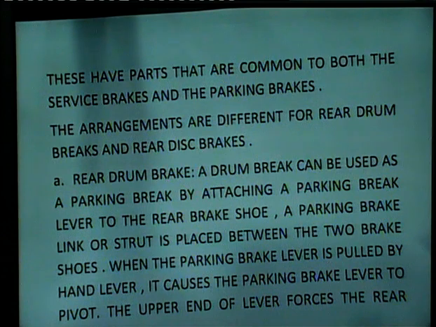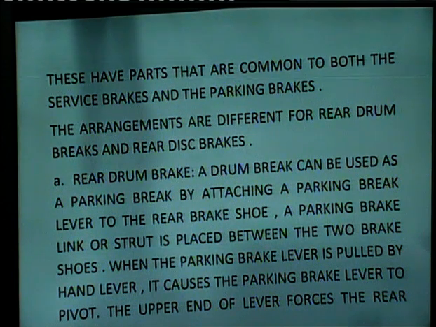When the parking brake lever is pulled by hand, it causes the parking brake lever to pivot. The upper end of the lever forces the rear shoe in contact with the drum. At the same time, the section below the pivot forces the link or strut forward. This pushes the front shoe into the drum and applies the parking brake.